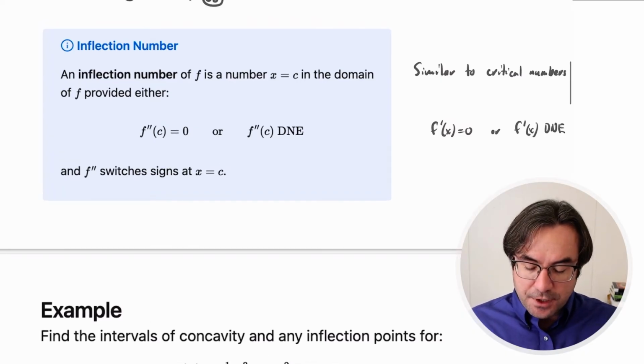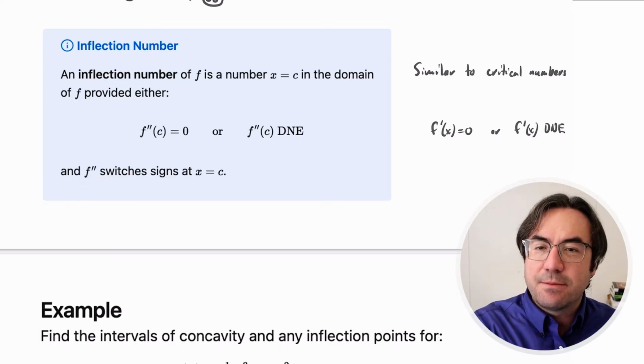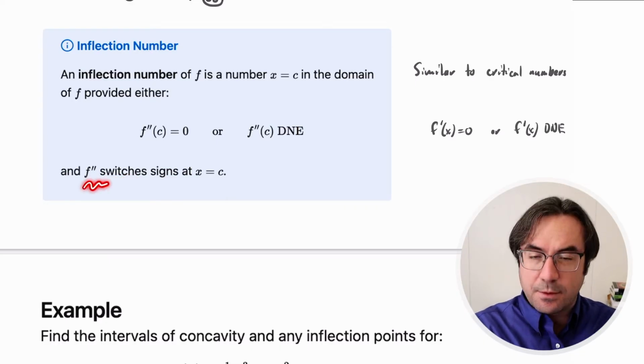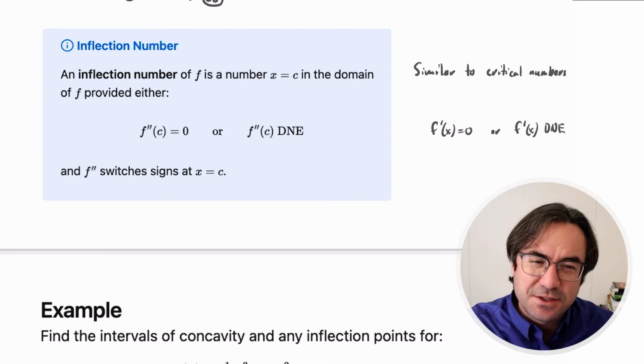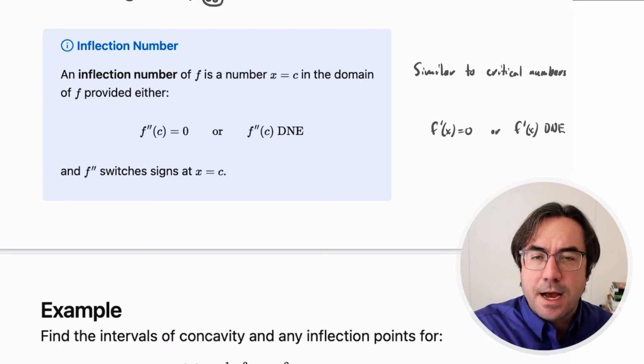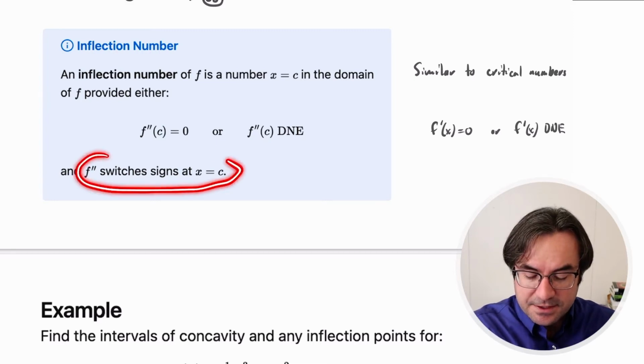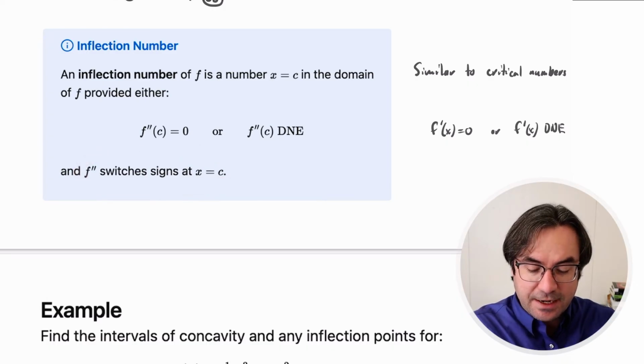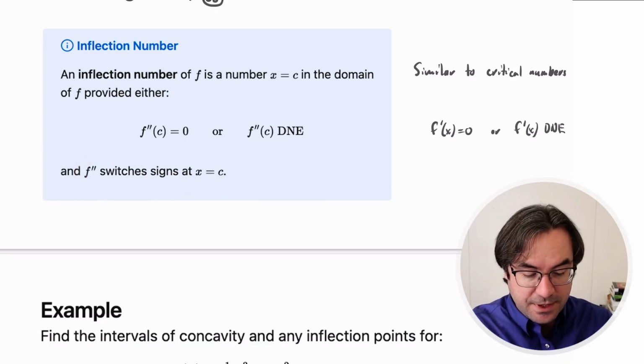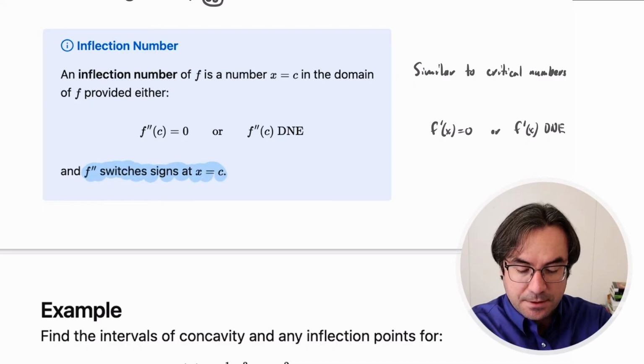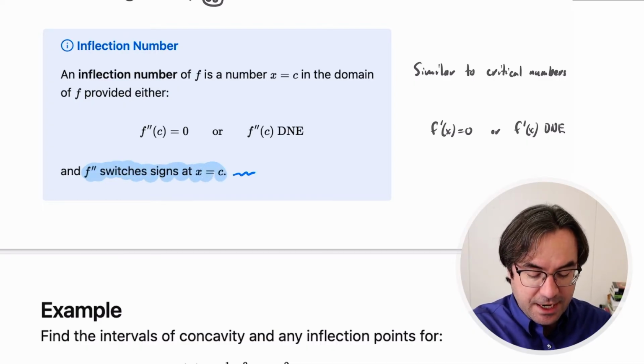Now there is one extra requirement for it to be an inflection number, and that is f double prime has to switch signs. So it's a little something extra. And really why we need this is so that we get a change in concavity. That's what this f double prime switching signs means. This is going to give us a change in concavity.